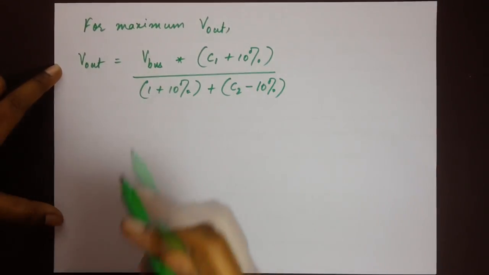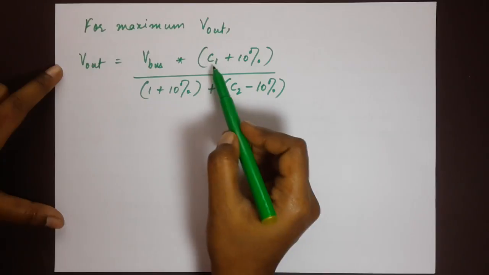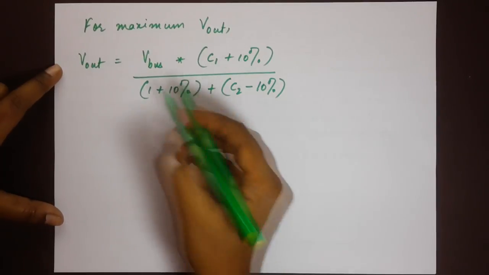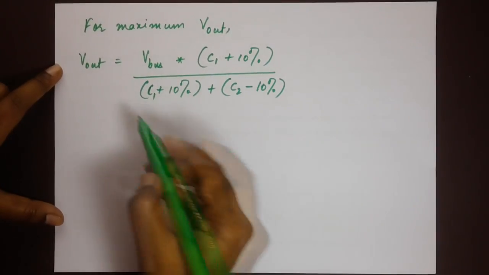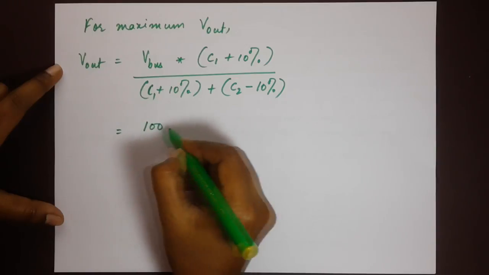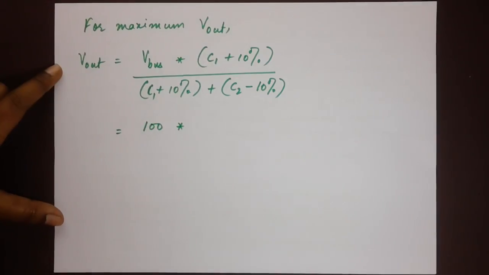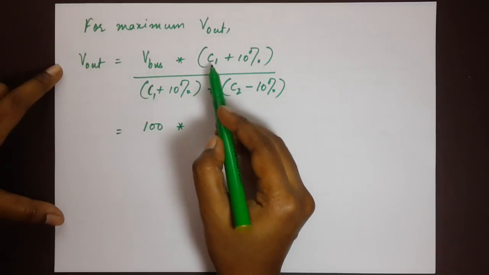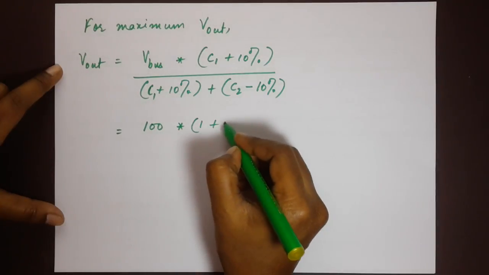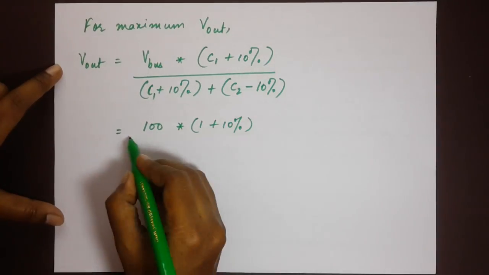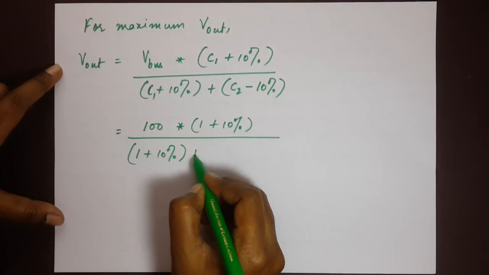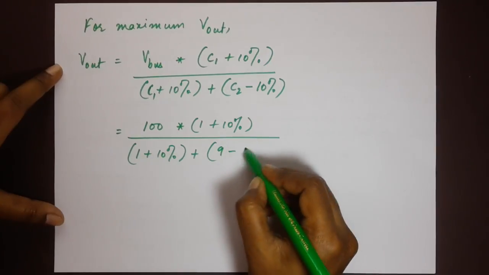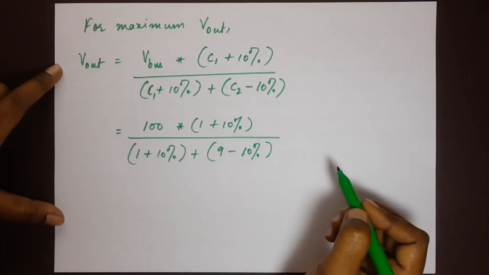Now we have our values. Vbus is 100, C1 is 1 microfarad, and C2 is 9 microfarad. Let's put the values into the formula here. So that's 100 times (1 plus 10% of 1) divided by (1 plus 10% of 1, plus 9 minus 10% of 9).